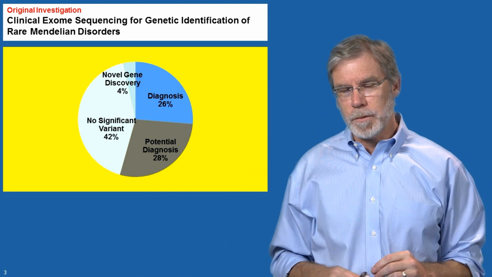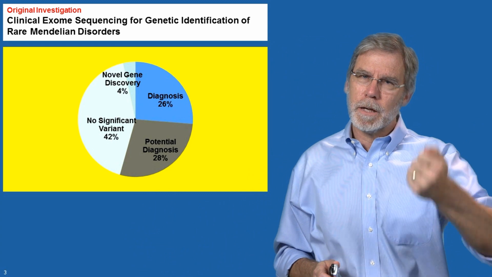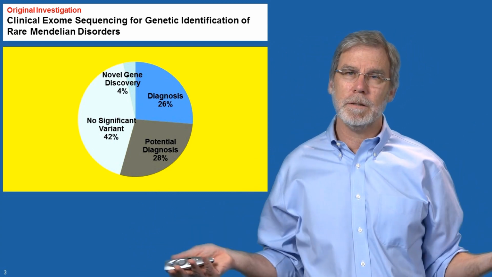We could identify these different mutations, and about 4% of the time we would have a de novo mutation in a gene that we think is likely to be giving to us a new gene discovery.